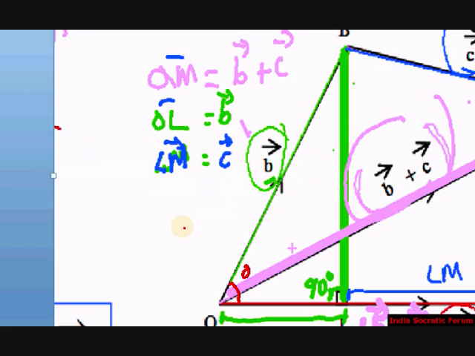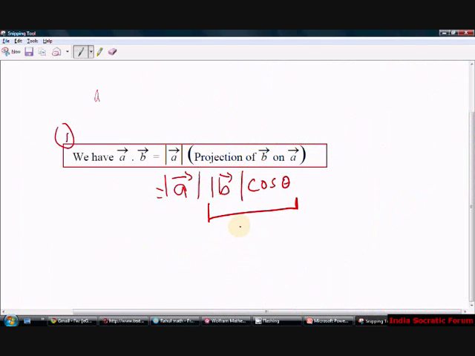B cos theta is equal to OL, which is nothing but the projection of vector B. Substituting OL, the projection, we rewrite this equation as modulus of A vector into OL. This is step 1.